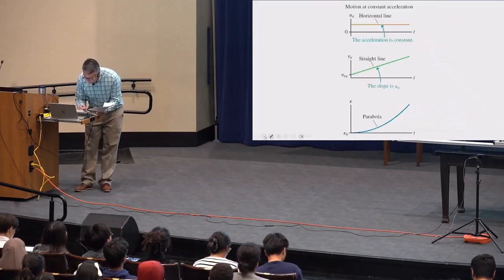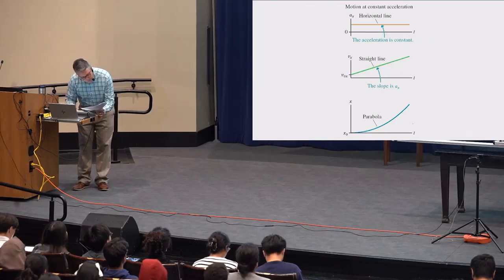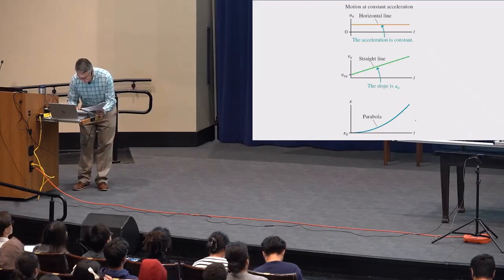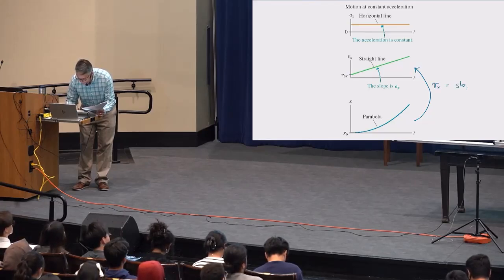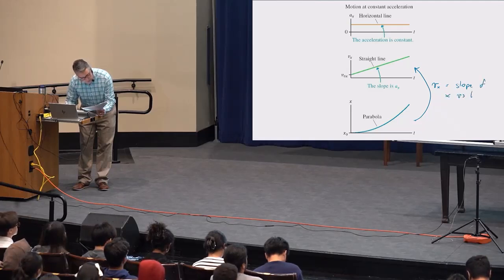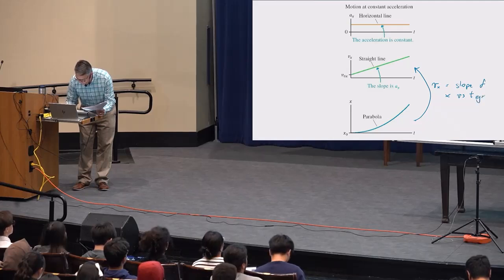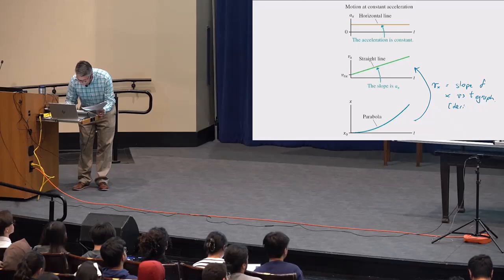So what you could do here, for example, if you have a parabola, x versus t, then v sub x is the slope of the x versus t graph. And some people call this the derivative in calculus.